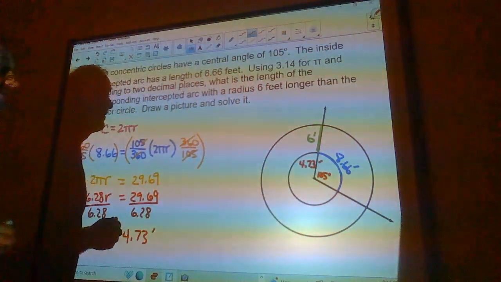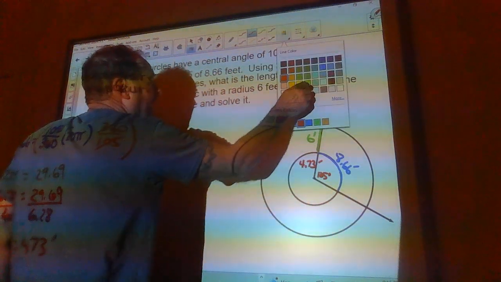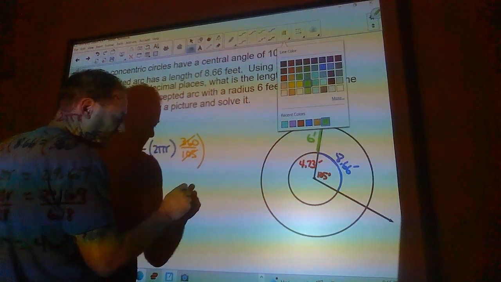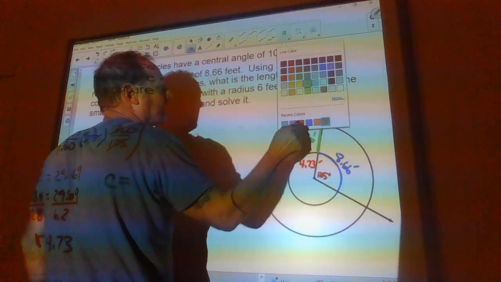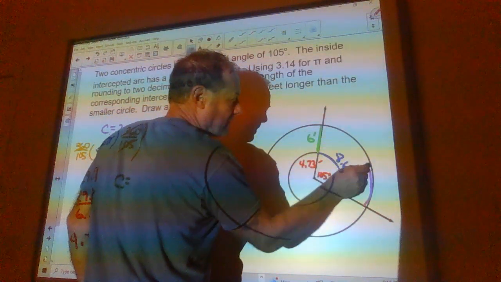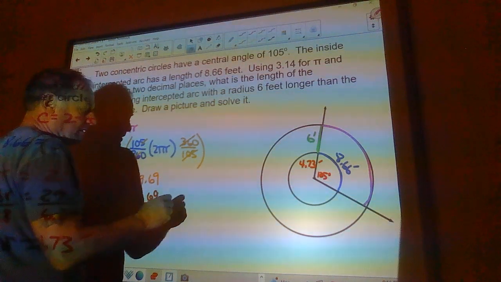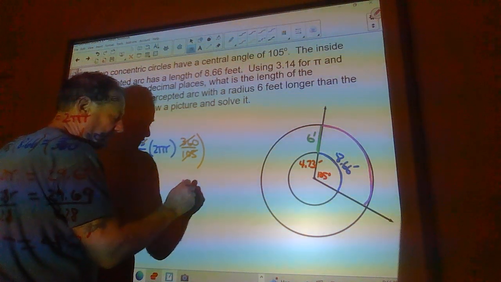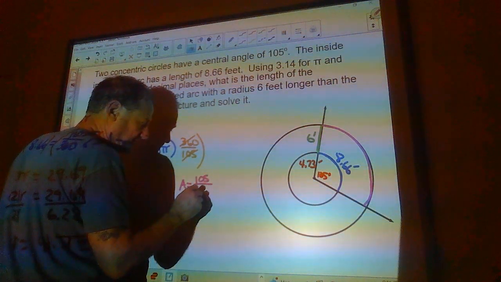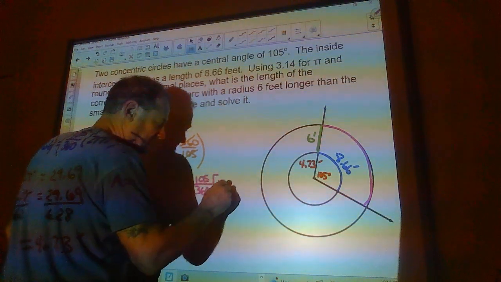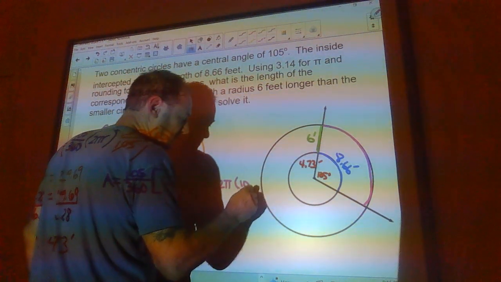Okay, that's this right here, 4.73 feet. Now, the radius of the big circle is going to be the 4.73 plus 6, so that's going to be 10.73. So this is going to be the circumference of the big circle. Actually, I only want the arc. So let's do the arc here. This arc right here, we'll call it A for arc length, is going to be 105 out of 360 times 2 times pi times the radius, which is going to be 10.73.